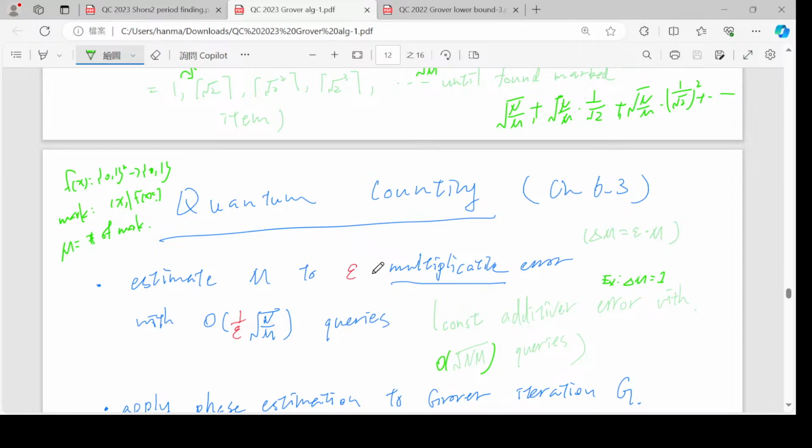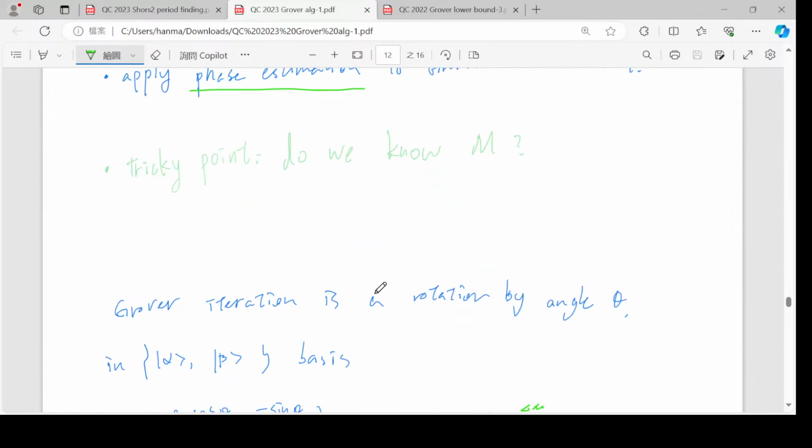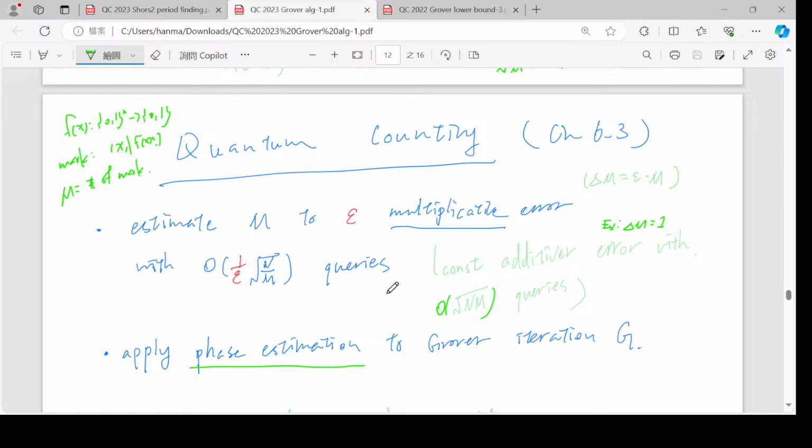Then we want to show that there is a quantum algorithm that does quantum counting using 1 over epsilon times square root of n over m queries to the Grover oracle. So this is more powerful than the Grover algorithm.